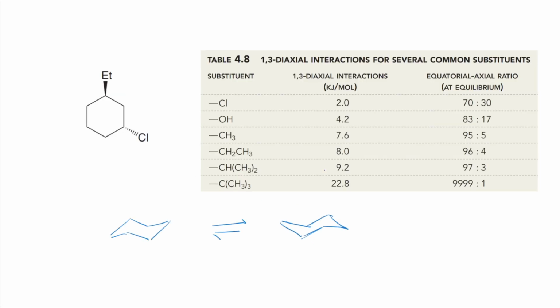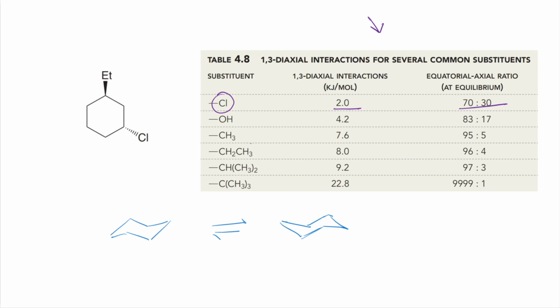Okay, but sometimes we have the trans conformation. So we want to determine which one will be on the A and which one will be on the E. We want to look at this chart. Chlorine is very small, and it is a 70 to 30 ratio of A and E bonds.